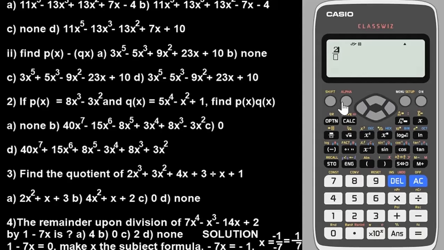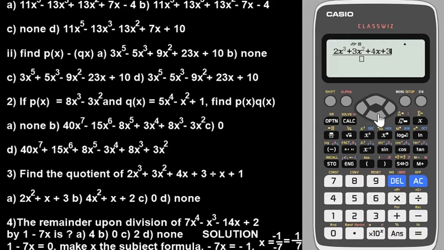So just input the polynomial for the numerator. We have 2x raised to power 3, come down, plus 3x alpha x square, plus 4x alpha x, plus 3.